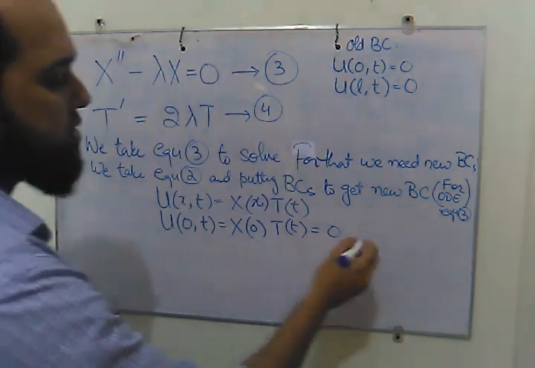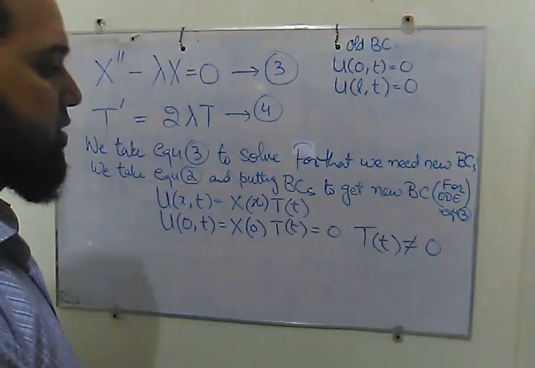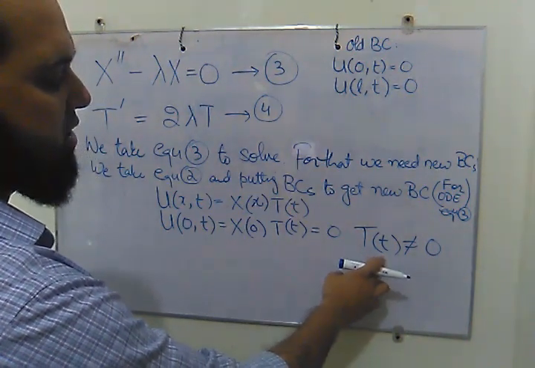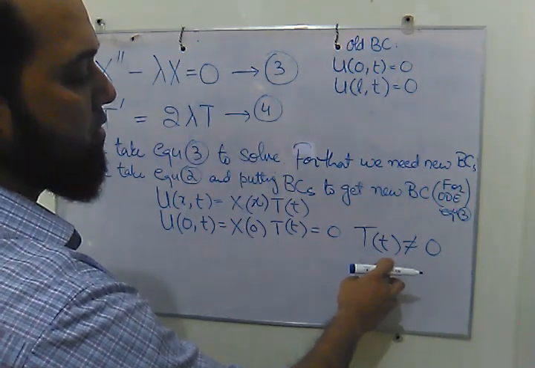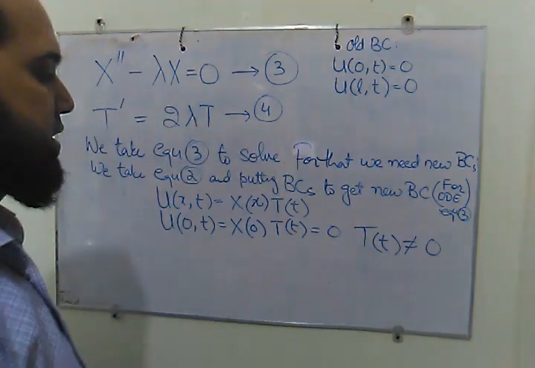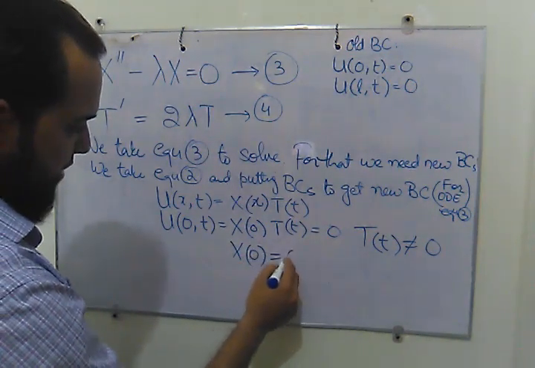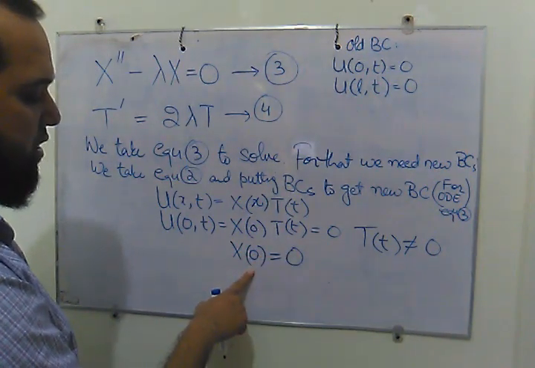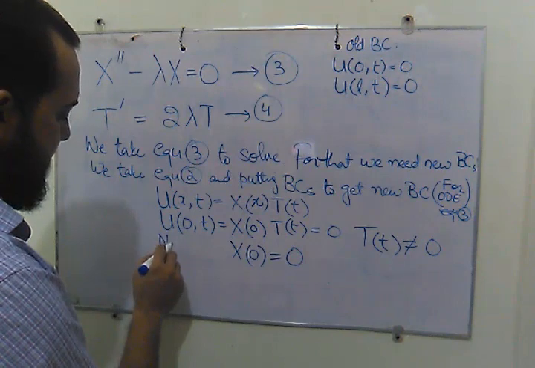We cannot consider T of t equal to 0, because t equal to 0 is the starting of the experiment, and for further time t must be greater than 0. This shows that T of t cannot be equal to 0, therefore X of 0 is equal to 0. Since this condition does not have any t inside it, it depends only on x, so this could be our new first boundary condition.